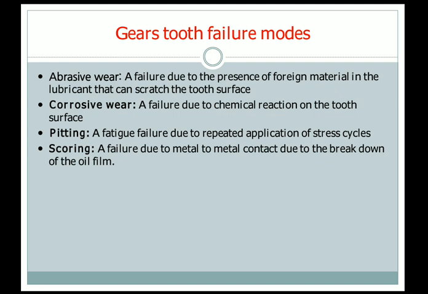If we keep any cast iron material for a long time exposed to the environment, then it will react with the oxygen present in the atmosphere and form iron oxides, and these iron oxides get separated from the base iron material and come out in the form of chips. This type of wear can also be observed in gear teeth.